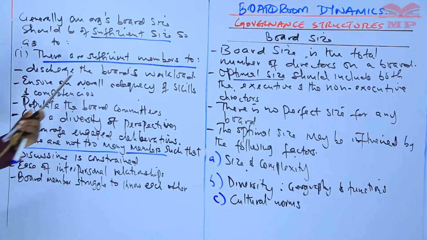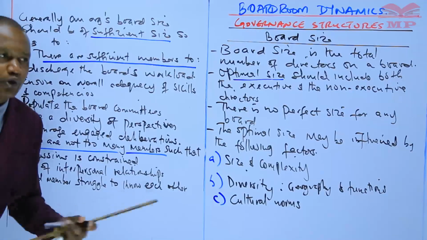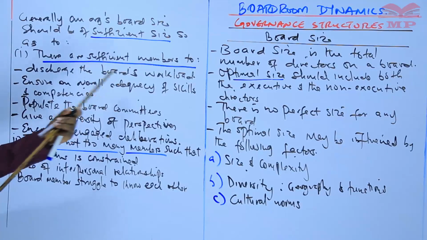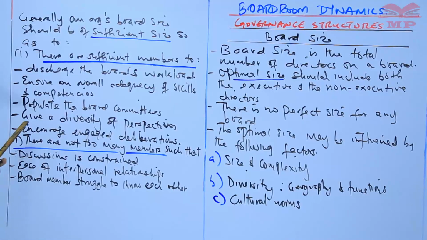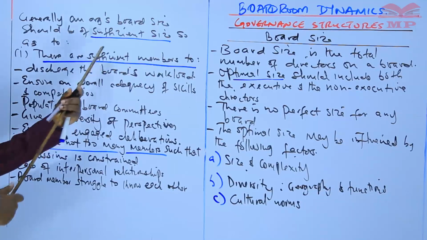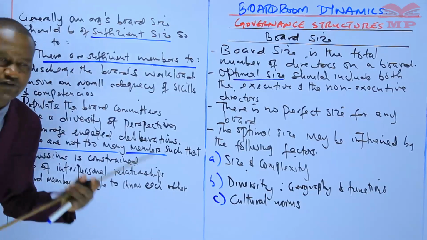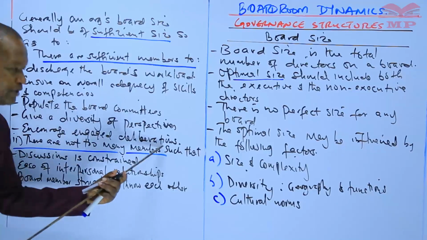Number two, a sufficient size will ensure that there is overall adequacy of skills and competencies on the board. Three, there ought to be sufficient size so that the members can populate the board committees. Four, a sufficient board size gives a diversity of perspectives. Then lastly, a sufficient board size encourages engaged deliberations.